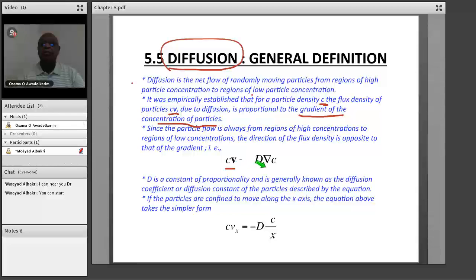Gradient is the derivative of concentration, change in concentration with position. And this nabla here, we're talking three-dimensional gradients, okay?